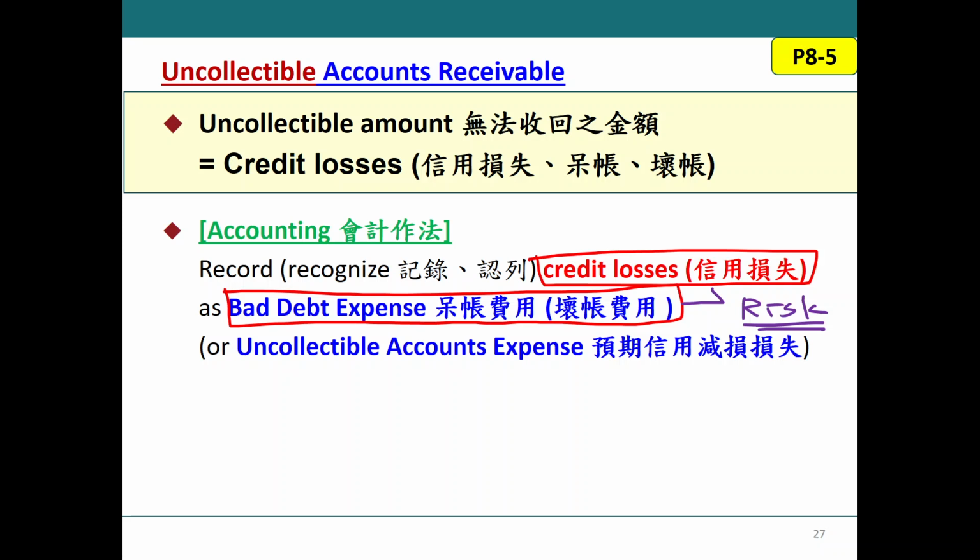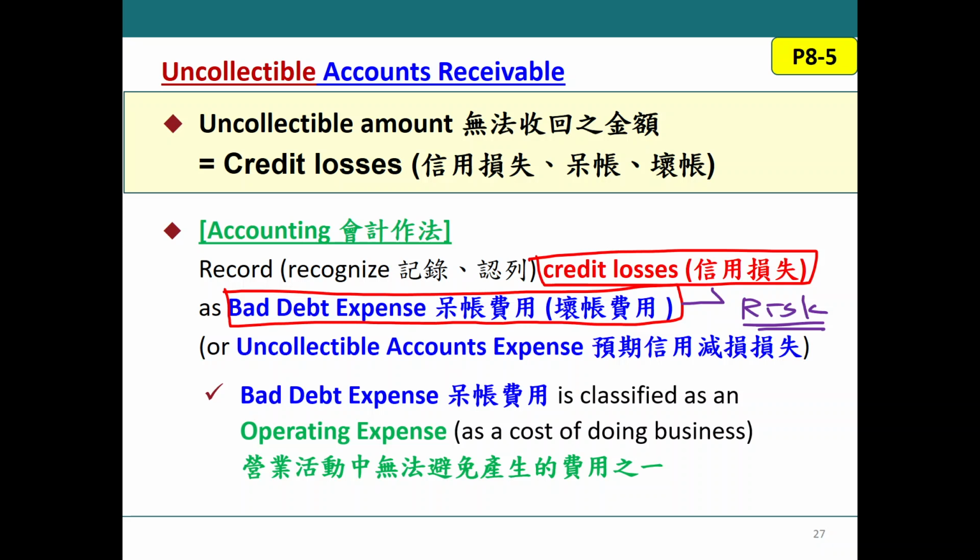Silly, stupid. 坏坏, they are bad. So you are silly, you're stupid, to lend the money to them. They are bad, won't give you the money back. So 你呆呆，他坏坏。Okay, so that's bad debt expense. We use this account to describe the risk.